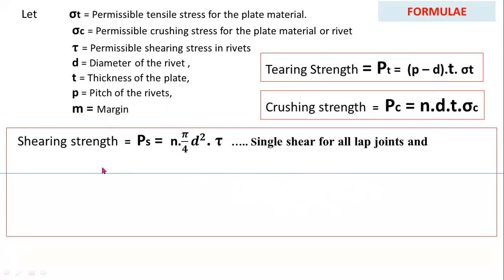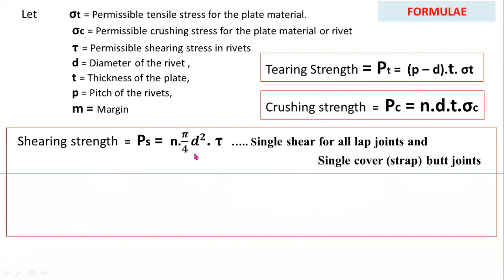And the last one is the shearing strength. The riveted joint may fail due to shearing of the rivet. For all types of lap joints and single strap butt joints, you have to consider single shear.